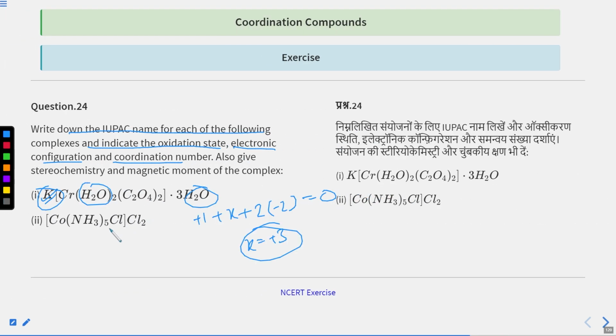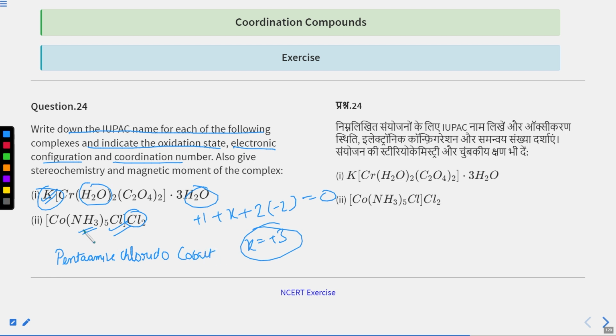Next we have [Co(NH3)5Cl]Cl2. How will we write it? First of all, the ligand names. Ammine will come first, then chlorido. So pentaamminechlorido cobalt.